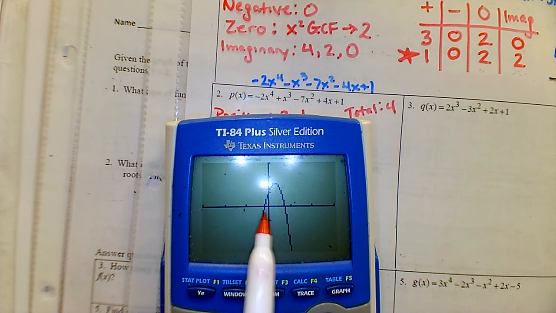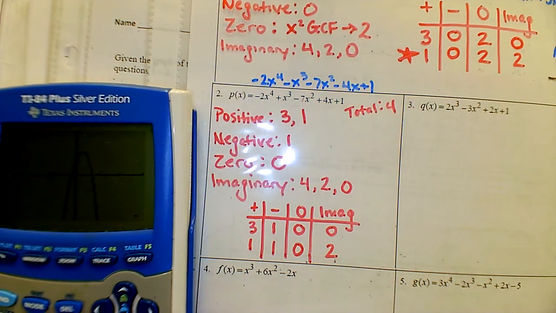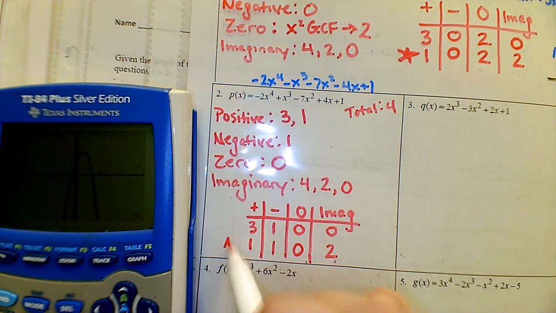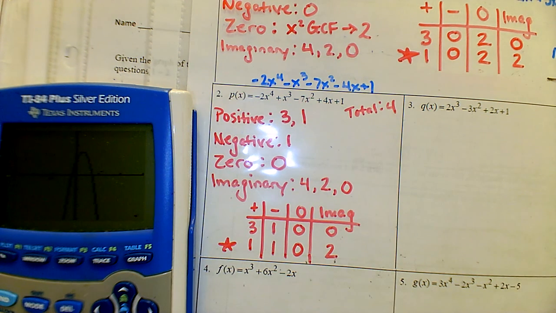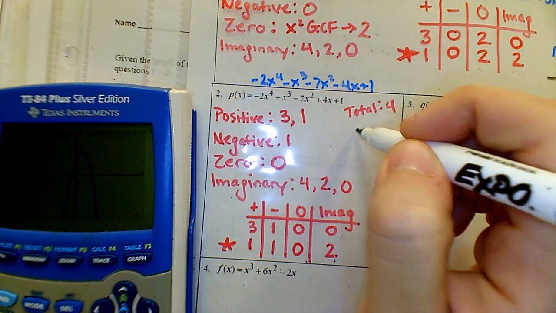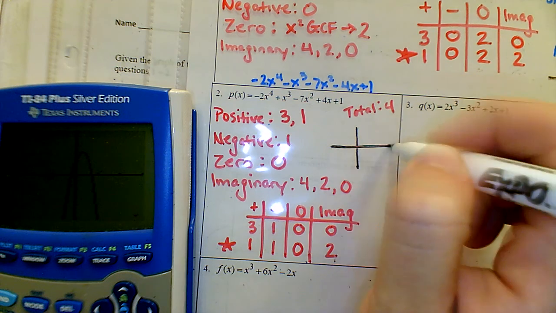Looks like we have 1 negative x-intercept and 1 positive x-intercept. So based off of our chart, looks like the second possibility that we listed. Again, if you want to draw a little graph, you can.